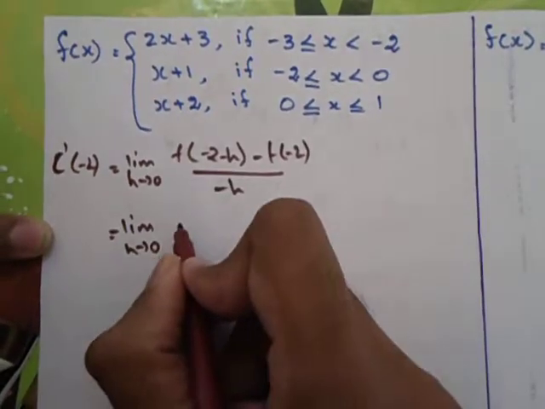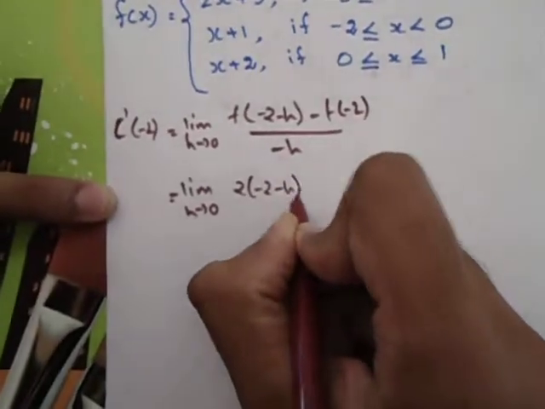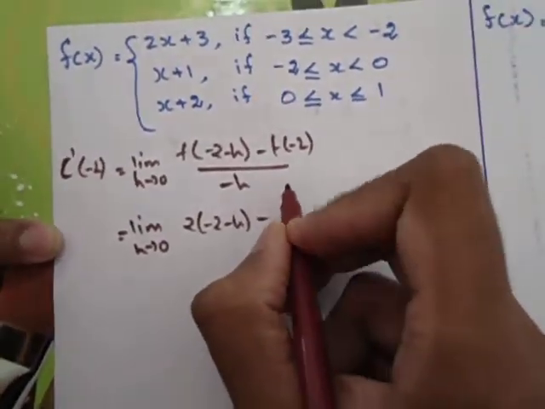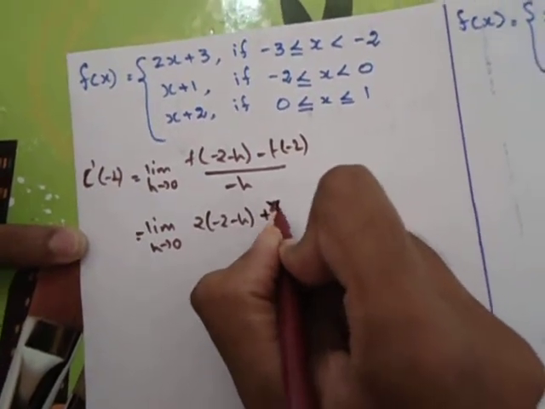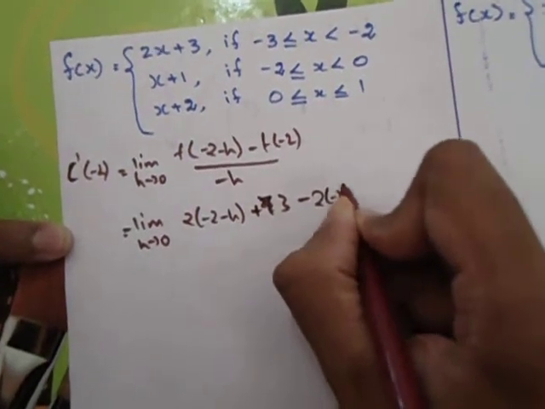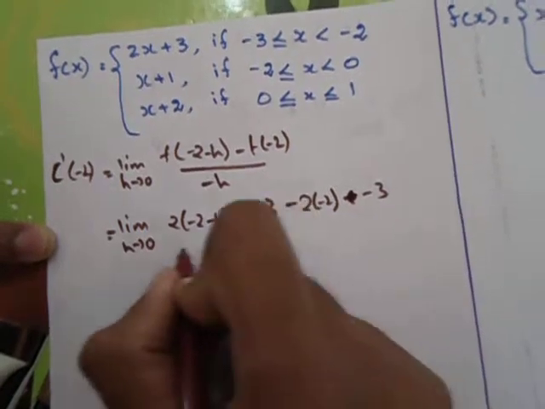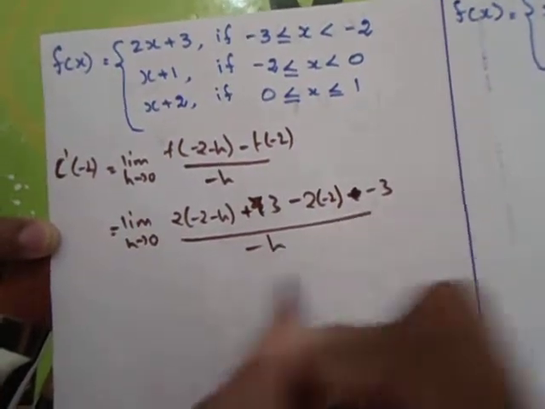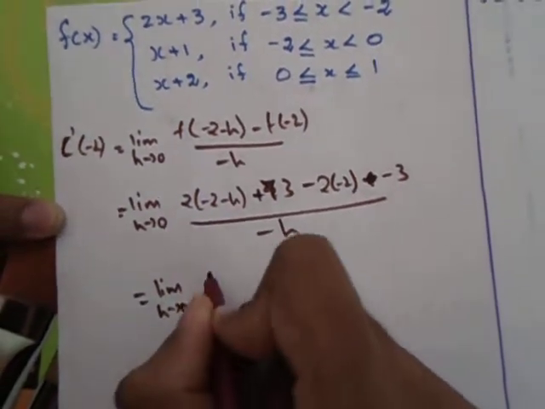Let's put the values there. We get 2 into -2 minus h minus 2 into -2 plus 3 minus 2 into -2 plus minus 3 divided by minus h.